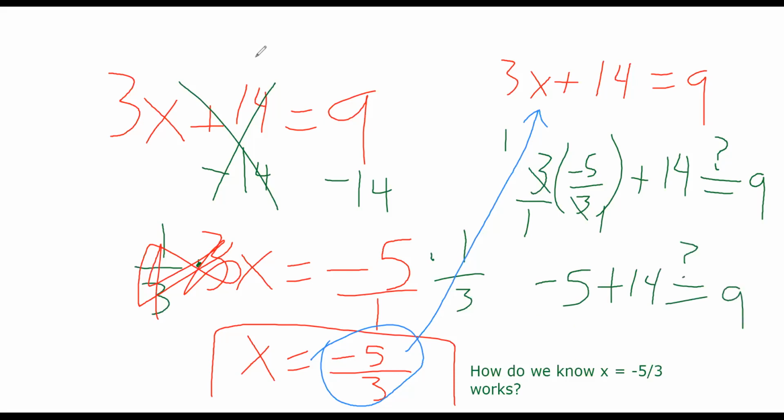And yes, it is. On the left-hand side, negative 5 plus 14 is the same as 14 minus 5, which equals 9. So I'm going to put a big fat check mark and say, yes, we confirmed it. Negative 5 over 3 is indeed a solution to the original equation, 3x plus 14 equals 9.